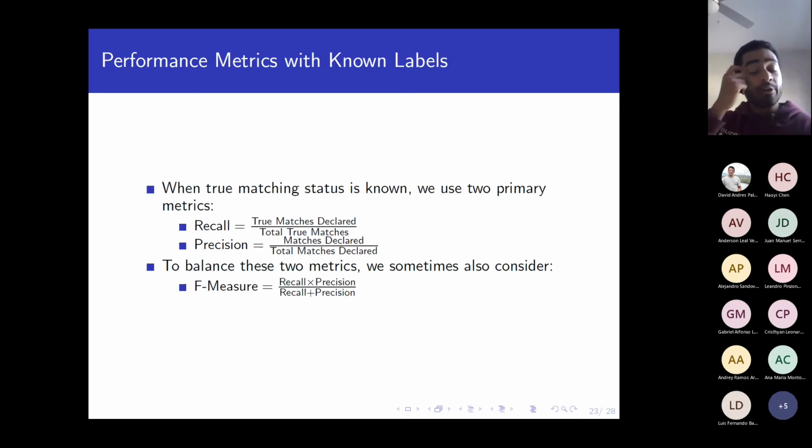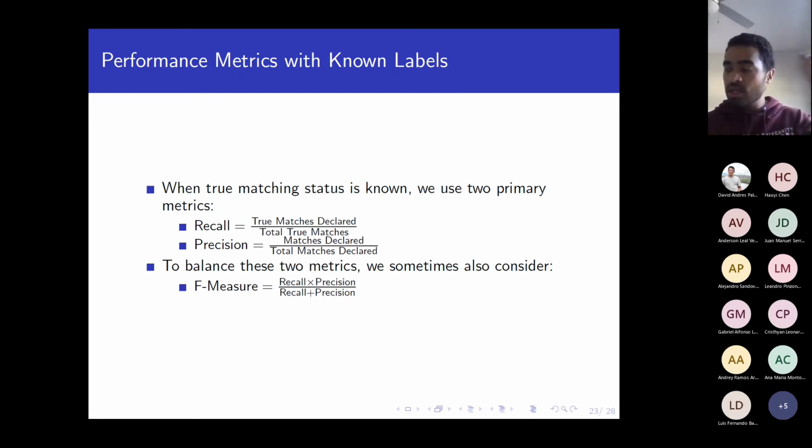When we have known labels, which is not often the case, but which you might yourself be able to produce on a small data set, like hand verifying that certain record pairs are a match, or you might have a subset where the information is more reliable, you can calculate these performance metrics. So one is called recall, which is the true matches that your algorithm found divided by the number of total true matches.